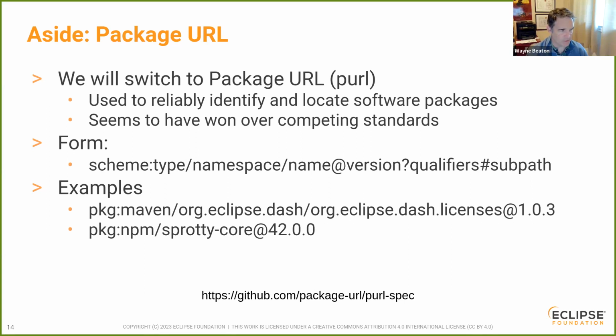That's one thing that the clearly defined format tries to address, and does a good job of it, I guess. Anyway, the package URL spec has a GitHub repository there. It's just an FYI that this is something we're looking at and will likely switch over to as time permits, rather than clearly defined.